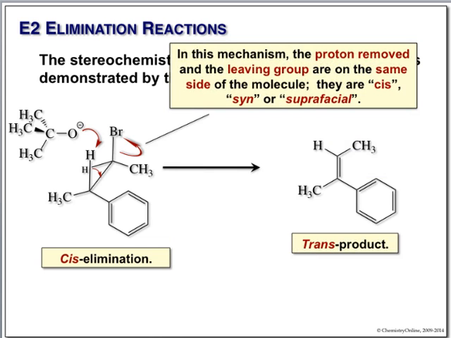Methyl groups are on opposite faces, trans. The fact is that we get only the cis product, therefore, an E2 elimination is a trans elimination. A hydrogen and a leaving group must be in the same plane, but on opposite sides.